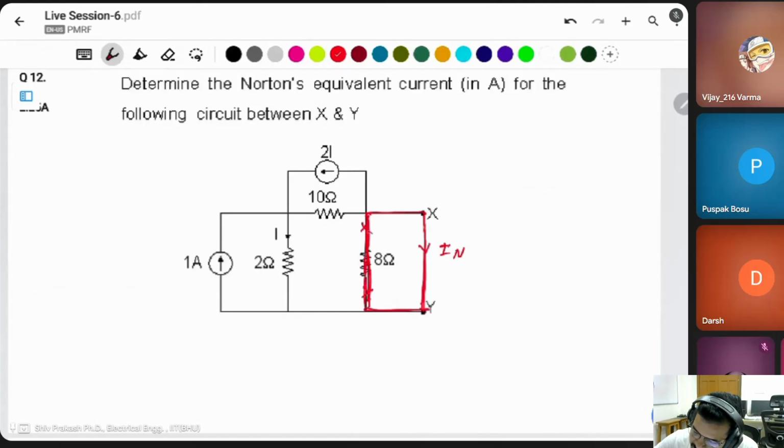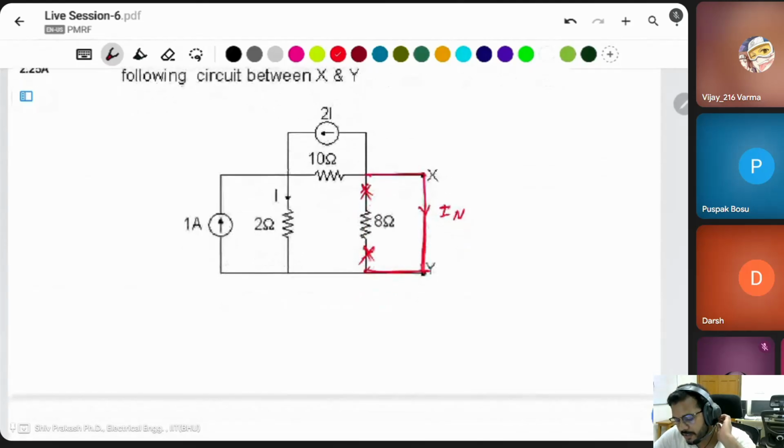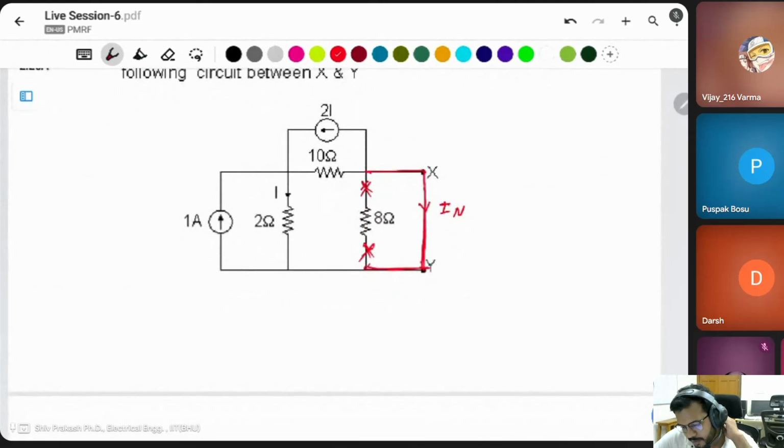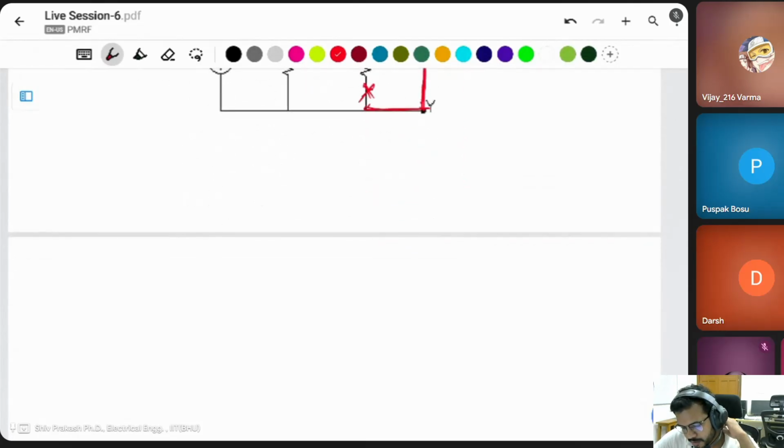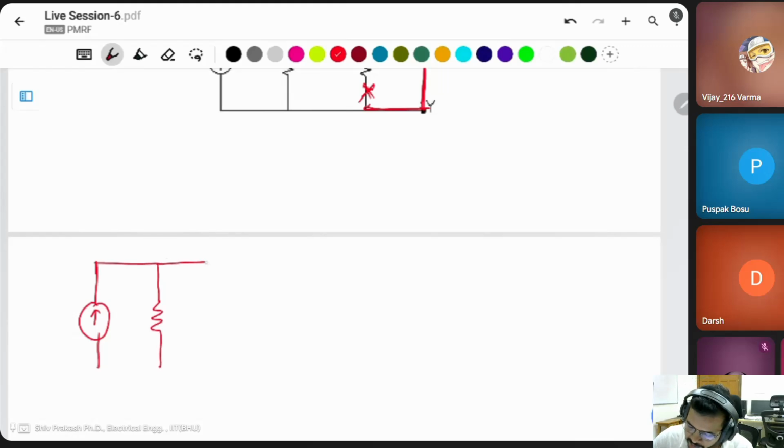Then 12 and 6 are both negative, added is 18, minus of 8 is equal to 10, minus of 1 is equal to 9. Then 3I minus of 9 is equal to 0. Then I is equal to 3 ampere.